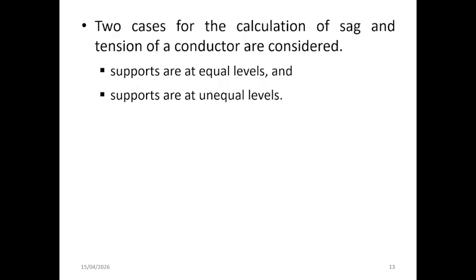The second case involves supports at unequal levels, where the conductor profile becomes asymmetrical and the lowest point shifts closer to the lower support. In this situation, the sag and tension distribution become more complex and require additional considerations to ensure that the mechanical stress in the conductor remains within safe operating limits.